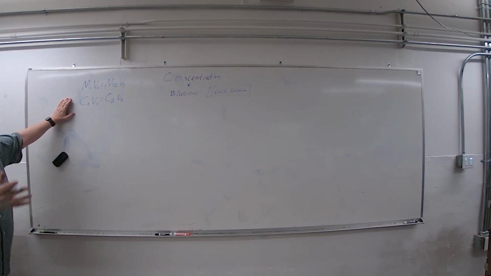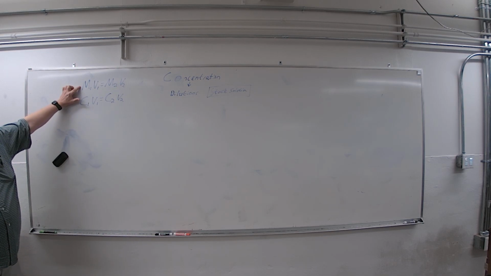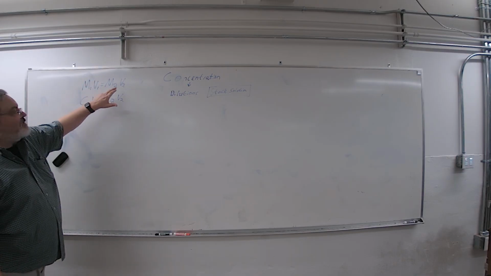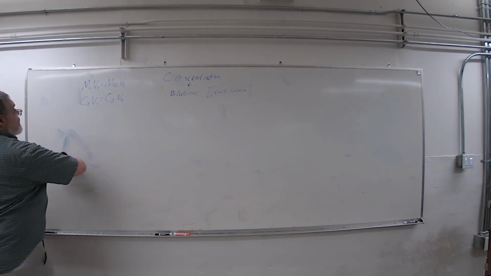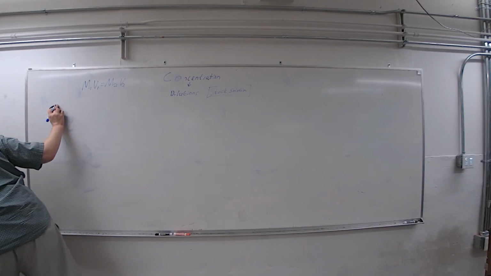So any of the weird concentrations you might use, which sometimes is moles per kilogram of solvent, what are the other things? Molality. Anyway, we're sticking strictly with molarity. So the M means the concentration, but we mean in molarity. And the V is the volume that you might use. So I'm going to do M1V1 equals M2V2.